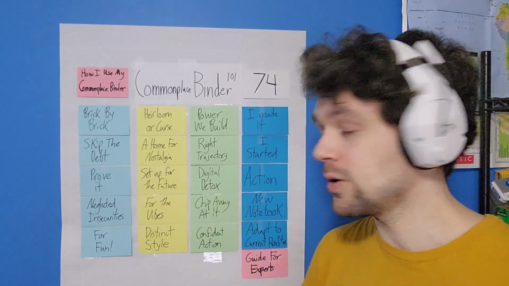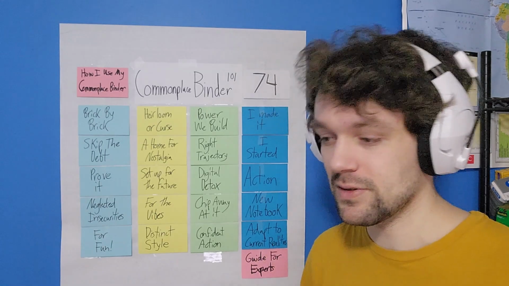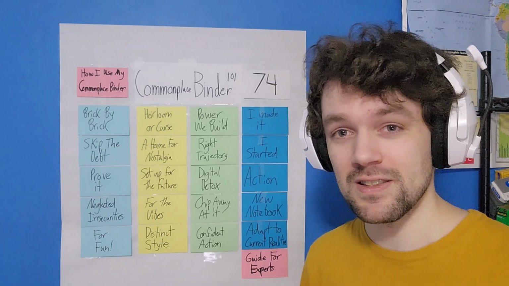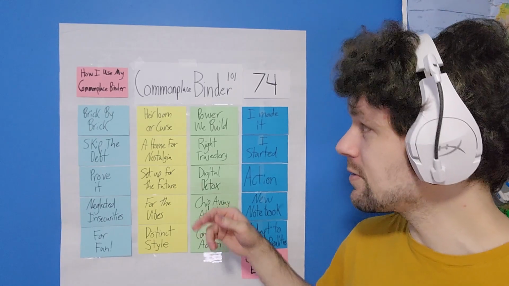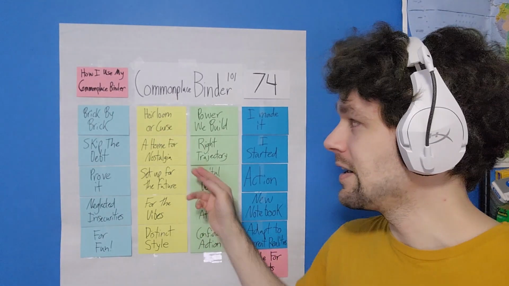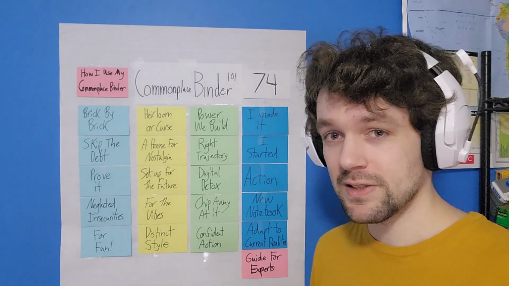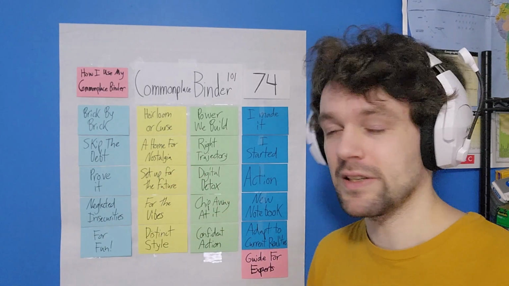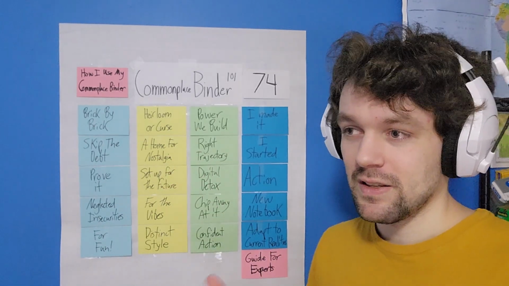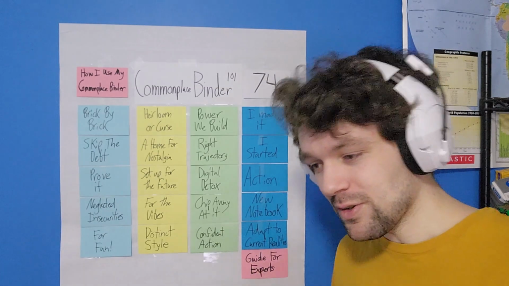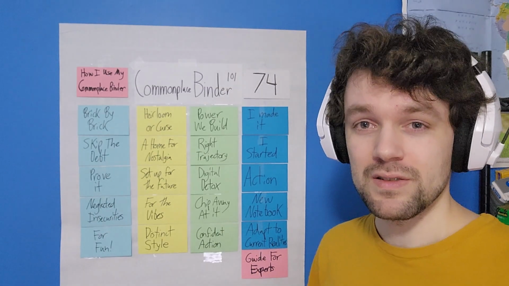So, a home for nostalgia. It might be that your home is filled with all these nostalgic little mementos, like a Commonplace book, and some people see it as an heirloom and some people see it as a curse. But if you don't have any kids or grandkids, I'm not really sure who's going to be going through all this stuff. Maybe it's just another relative.